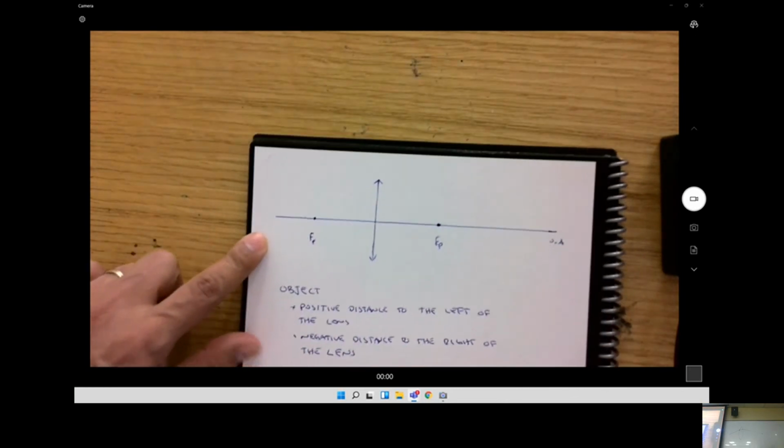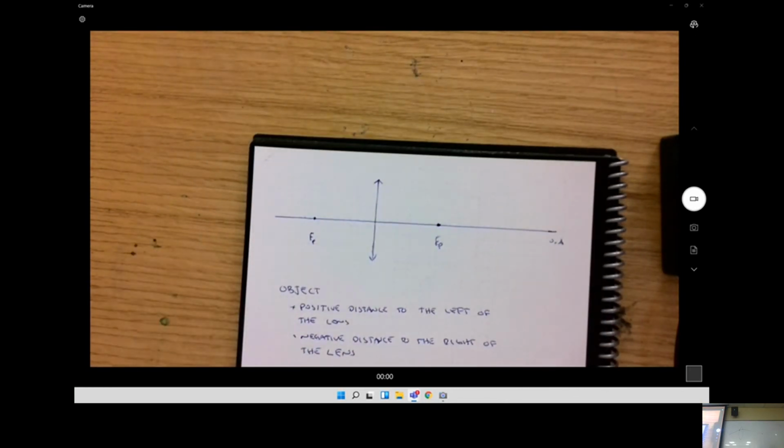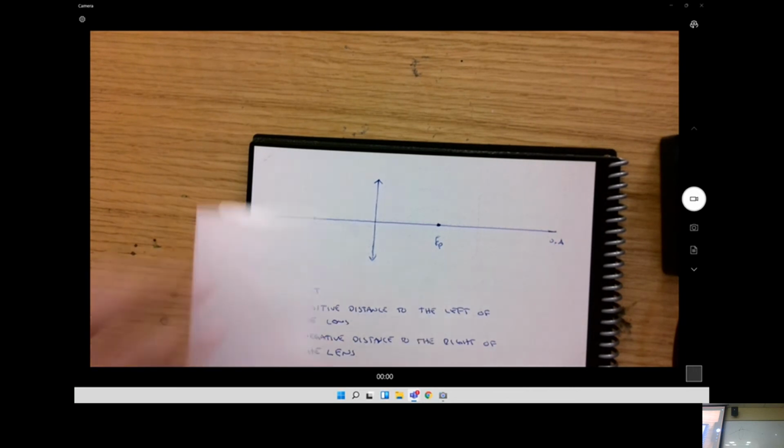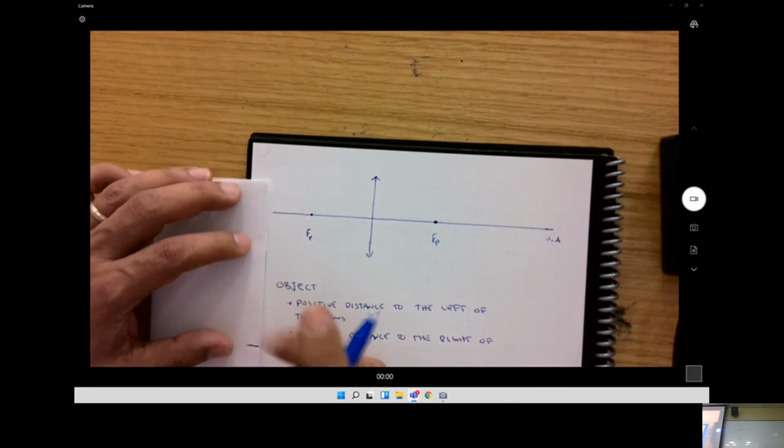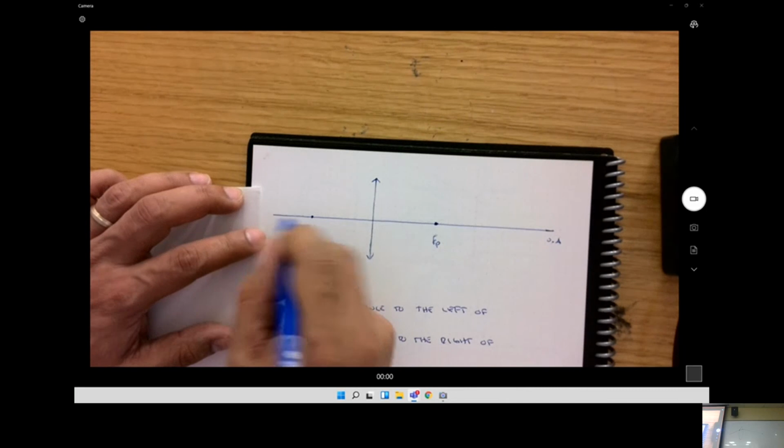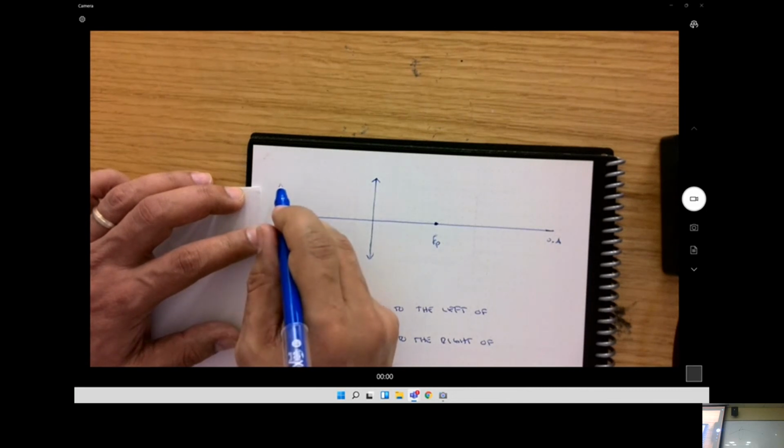Okay, so let's say that here in this space, I'm going to have an object, and I'm going to say that the object is 10 centimeters. Because I'm telling you it's 10 centimeters and that's a positive distance, it means that from the optical axis, it's going to be up.